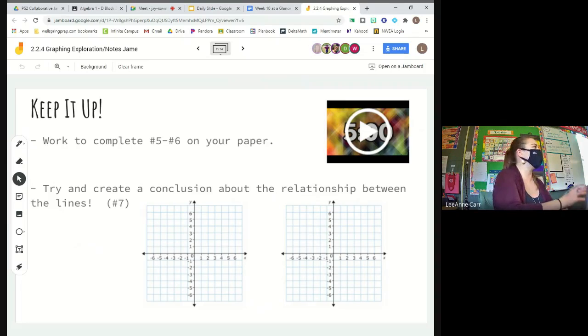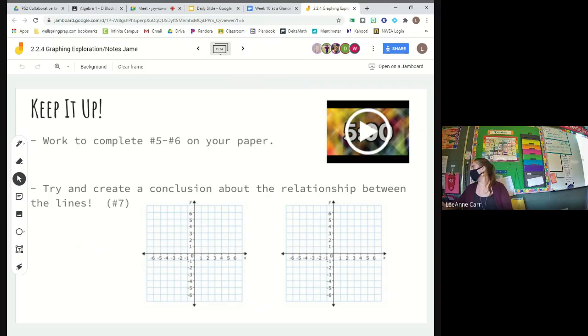And you're really just graphing those 4 lines and making observations about them. These are going to look a little bit different than the first 2. That's okay. These are going to intersect. But I want you to make observations about specifically how they're intersecting. And then also, again, pay attention to those equations.